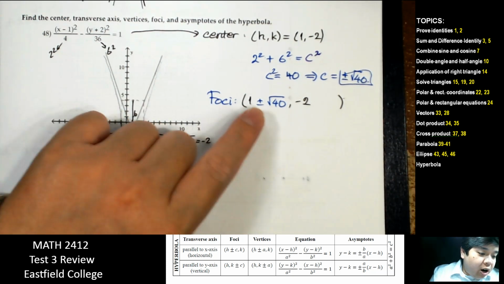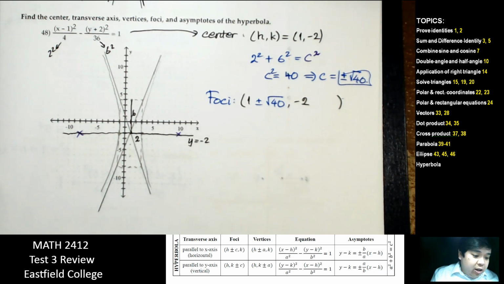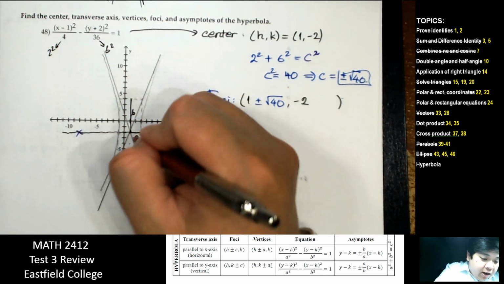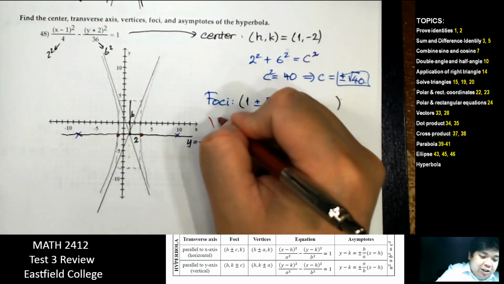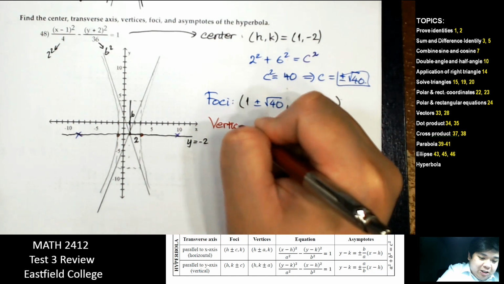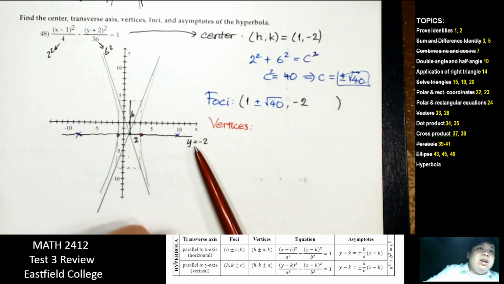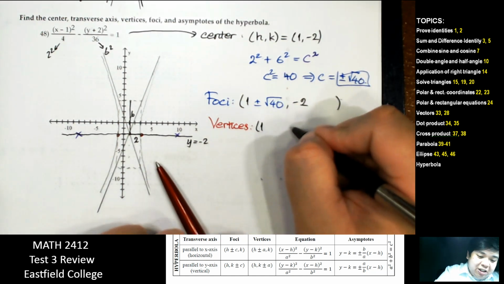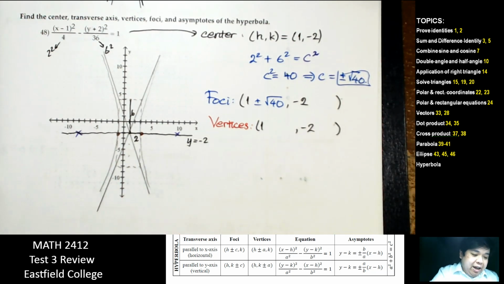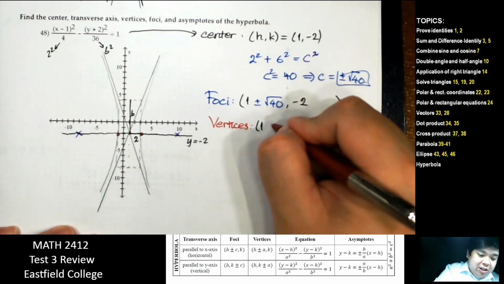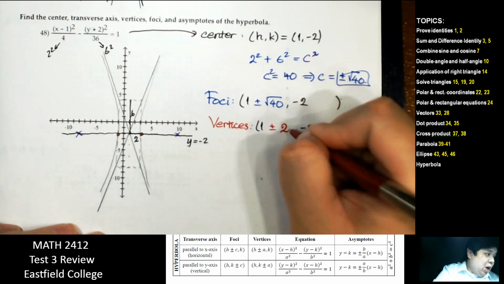Next, we have the foci. We have vertices. Vertices, the distance we go 2 units to the left, 2 units to the right. Again, everything will base off the center. And since we go 2 left and 2 right, we're just going to have that.